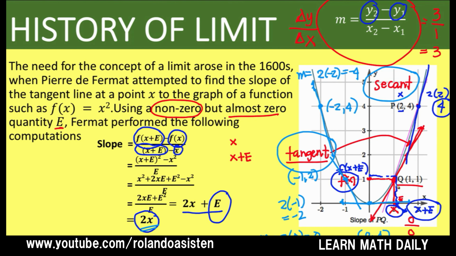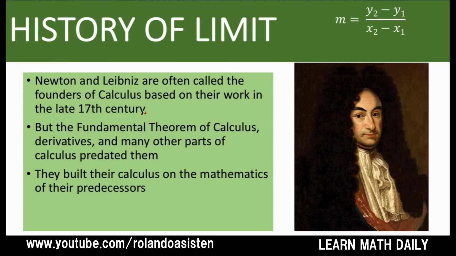Later on in the 17th century, English mathematician Sir Isaac Newton and German mathematician Leibniz are often credited as the founders of calculus based on their work in the late 17th century. But the fundamental theorems of calculus, derivatives, and many other parts of calculus predated them. They built their calculus on the mathematics of their predecessors, such as Pierre de Fermat.